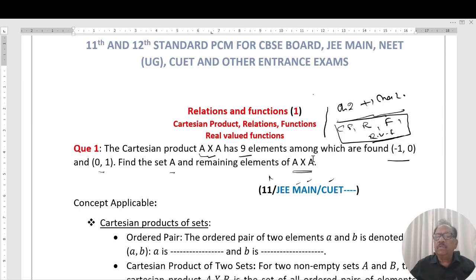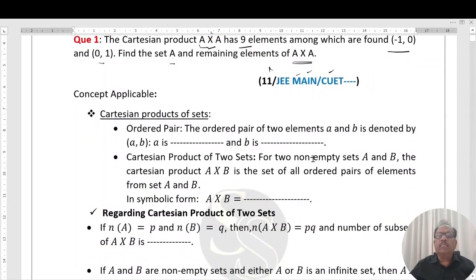Let's start with the first applicable concept: Cartesian product of two sets. For two non-empty sets, the essential condition is they should be non-empty.